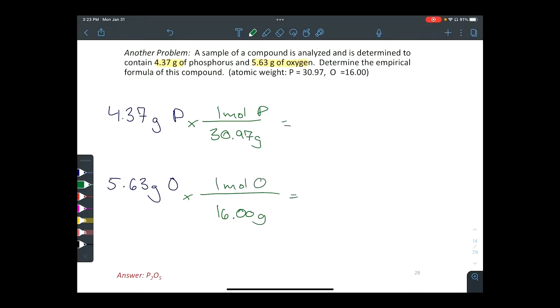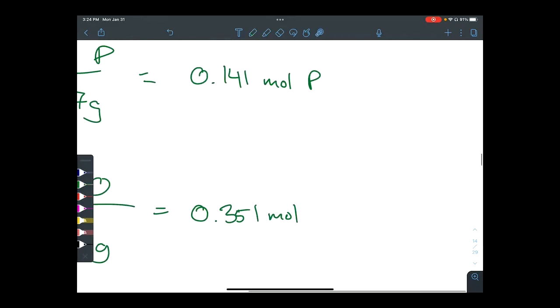All right, and so this will give me mole amounts of phosphorus and oxygen in the sample. So there we go. Mole of phosphorus. I always like to be specific. Mole of oxygen. Okay, is that my empirical formula? P 0.141, O 0.351. No, it's not. We need to express that as a whole number or integer.